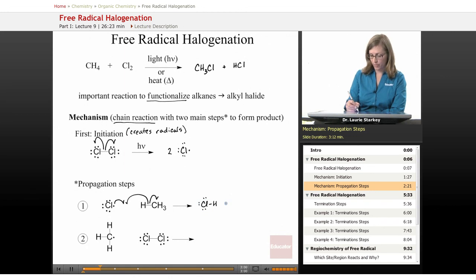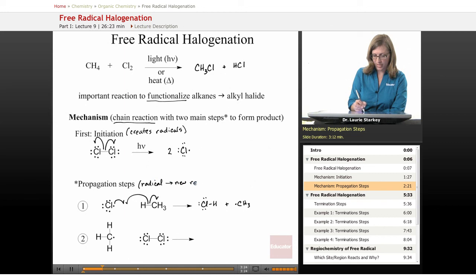And what else does it form? It forms a methyl radical. So this type of a radical mechanism step is called a propagation step because we're starting with one radical, and the product we get still has a radical in the product. So one radical gets converted to a new radical.